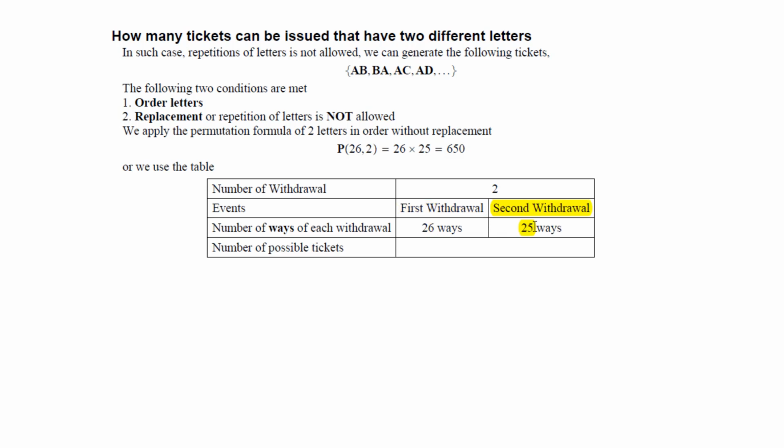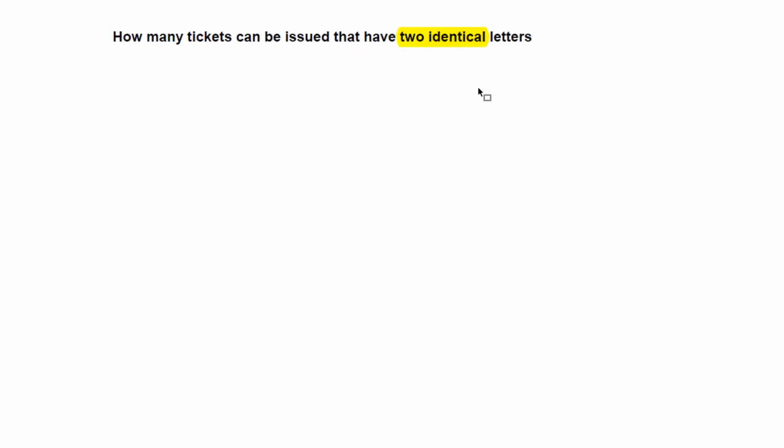For the second withdrawal we have only 25 letters. So the number of tickets that can be issued with 2 different letters is 26 times 25, equal to 650 tickets.